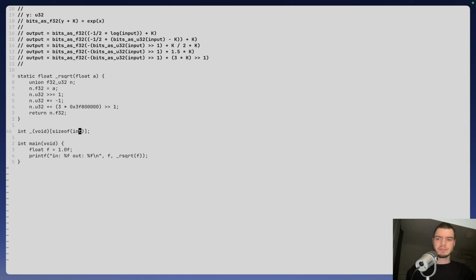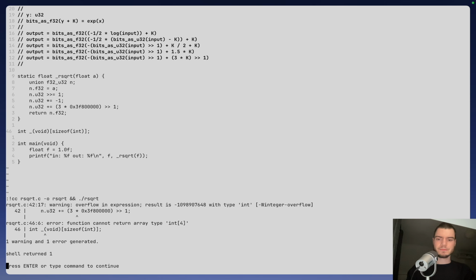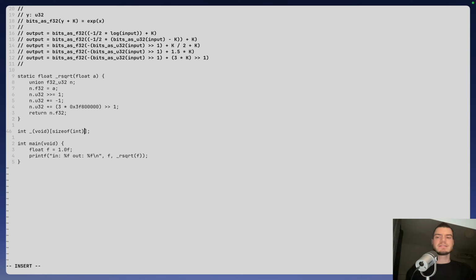So sizeof int, we're expecting 4. And we can actually see this value 4 in our error message. That's a very useful thing. So if you ever want to get a size of a type at compile time, this is a trick that you can apply. And the same thing actually works for types as well.